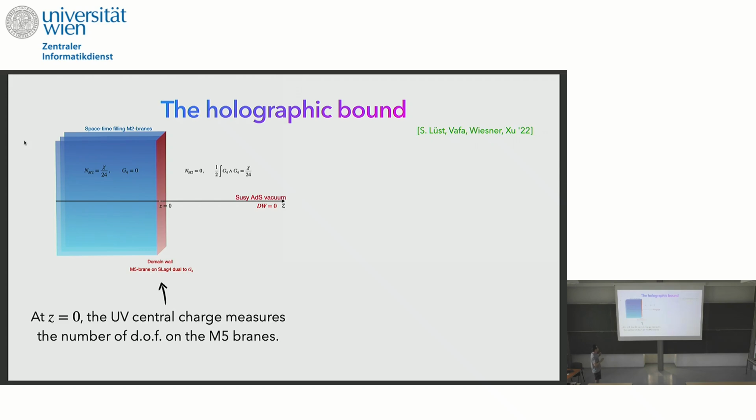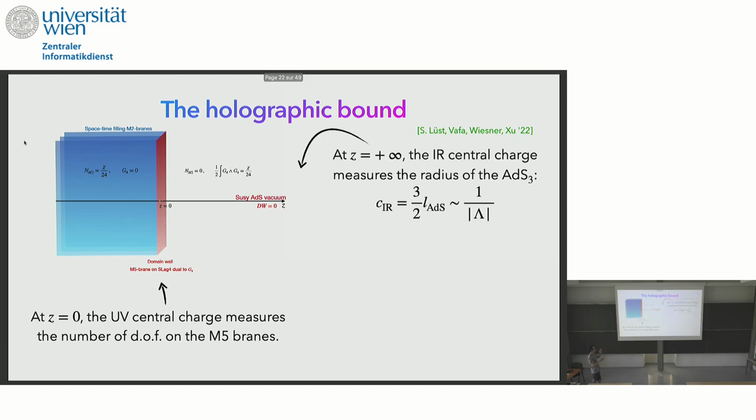At z equals 0, at the location of the branes, the ultraviolet central charge measures the number of degrees of freedom on the M5 branes. But far away from the domain wall, there's another central charge. This is the infrared central charge, and it measures the radius of the AdS3. It's related to 1 over the cosmological constant.